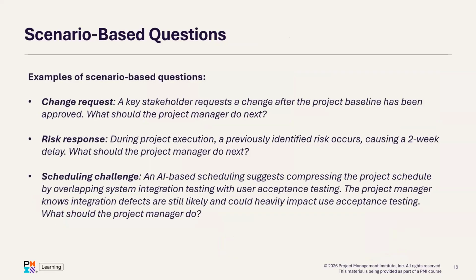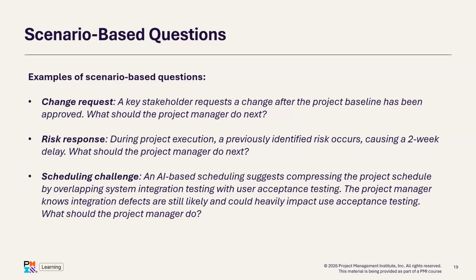Let's look at a few scenario-based questions: change request, risk response, scheduling challenges. So change request. The question is, a key stakeholder requests a change after the project baseline has been approved.